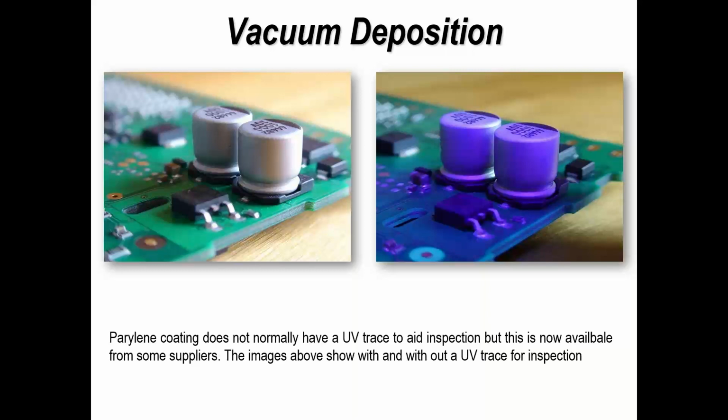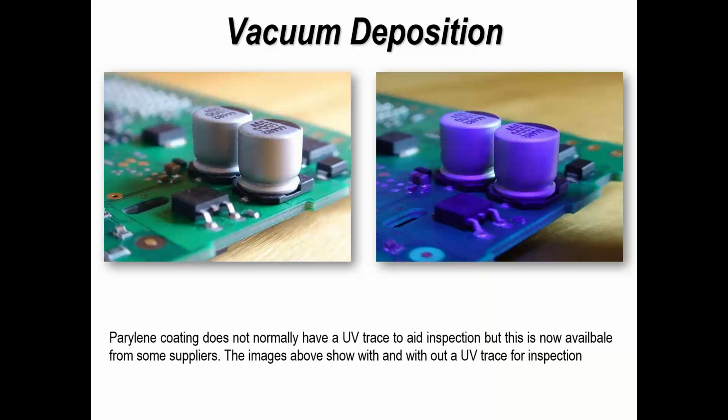So everywhere on the board you see on the left-hand side, there is a coating, and that coating will be consistent across pretty much every surface that's exposed. So that's an advantage. So you can build up the thickness you require for that particular product.